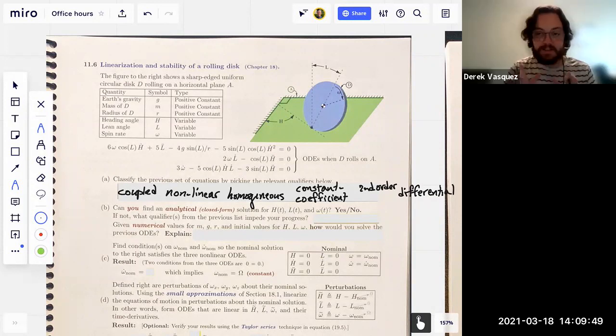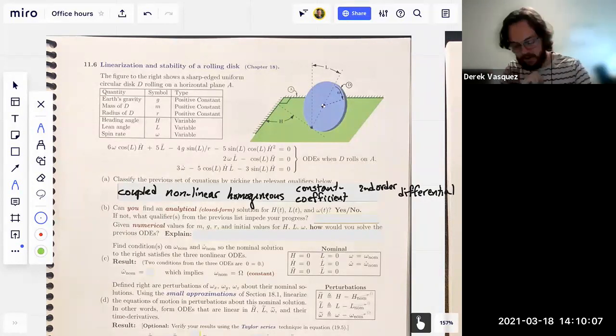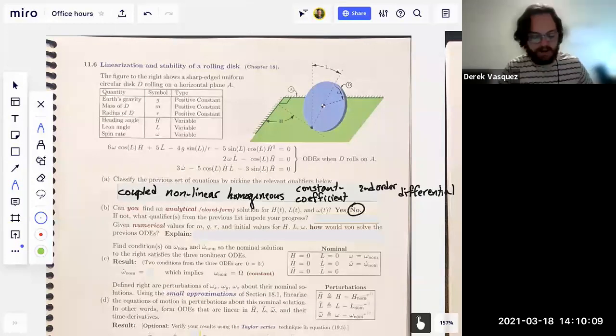So just the system as it is, they emphasize it. They've got it in red lettering, bold, and italicized. So I'm not sure if that means there is a way to do it that you haven't learned about yet, that I haven't learned about yet. Short answer is no, we cannot find a closed form analytical solution for this. So that's exactly what we're going to do.